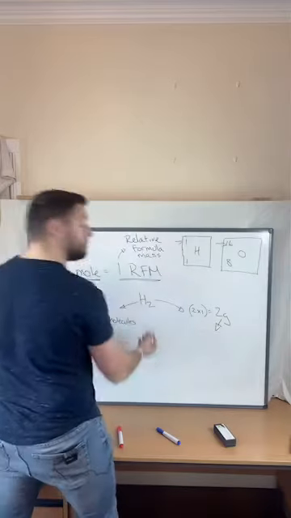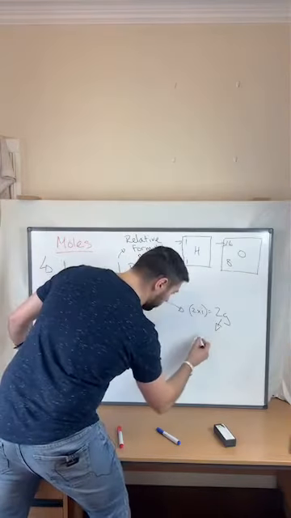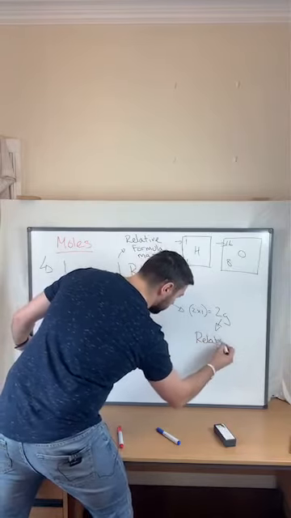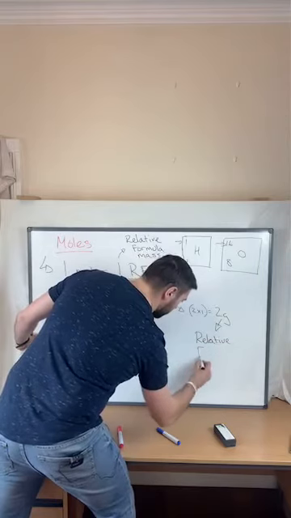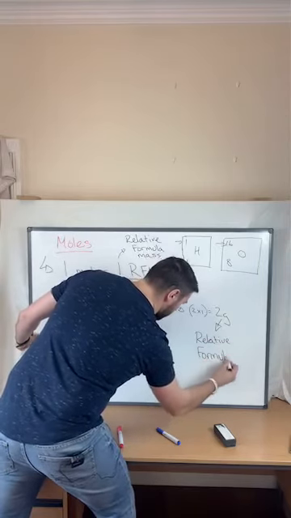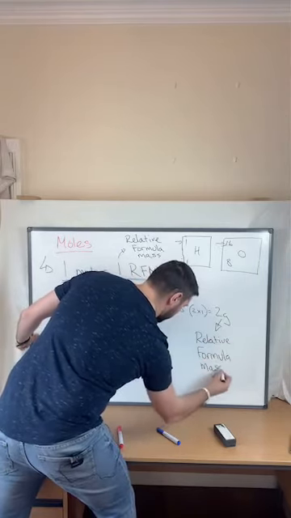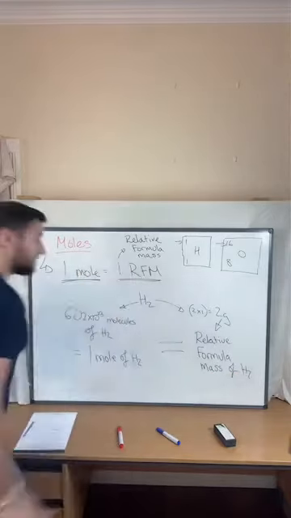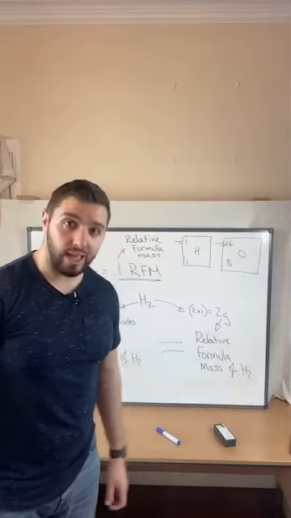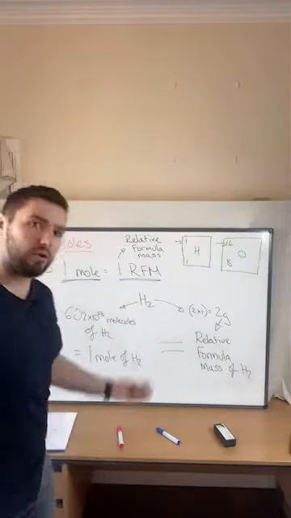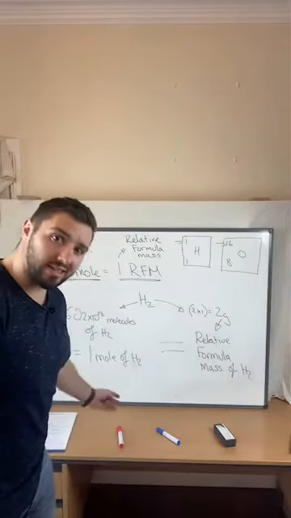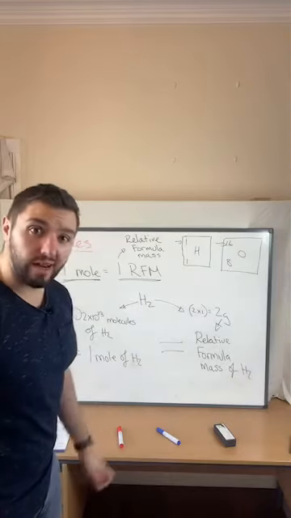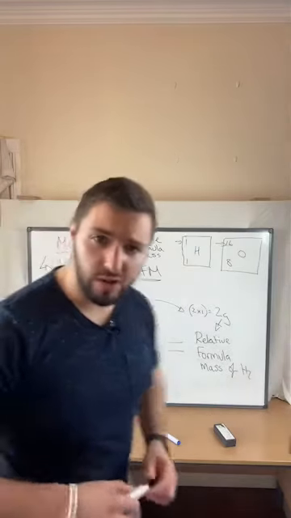If I've got 2 grams of hydrogen gas, we can call that the relative formula mass of H2. Those are the exact same thing. Okay, I know we overcomplicate it, we make it sound really difficult, but they're exactly the same thing. The relative formula mass is the same as 1 mole. We're just giving it a different name. It's just a different unit. Any questions so far?